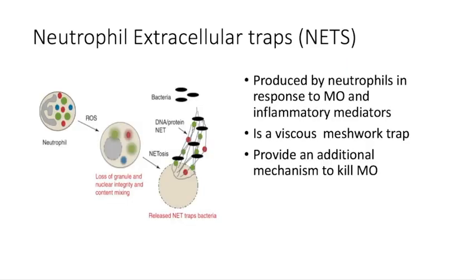We also have these things called neutrophil extracellular traps, NETs. So they are produced by the neutrophils in response to a microorganism and inflammatory mediators. So here's kind of neutrophil. We lose the granules and nuclear integrity, content mixing, reactive oxygen species. So what's kind of this last effort for the neutrophil is that it releases this viscous meshwork trap, and it provides an additional mechanism to kill the microorganisms.